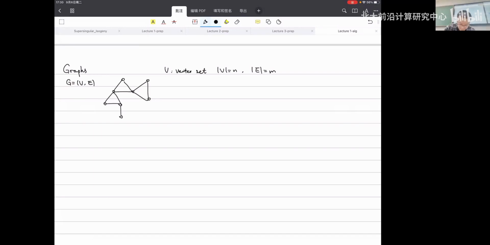So the edges are basically from the set E here, and each connects two vertices. The graph is a very basic model because it has the good property that it captures pairwise relationships.